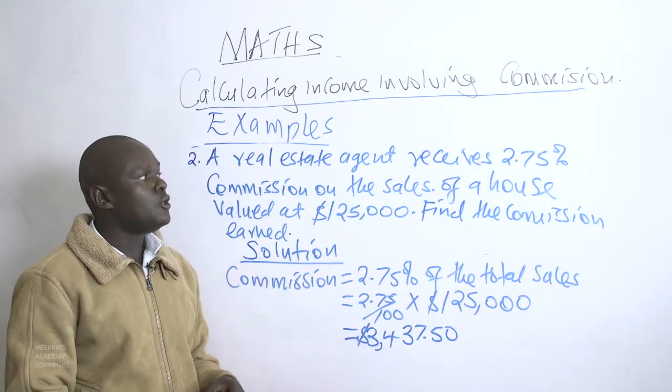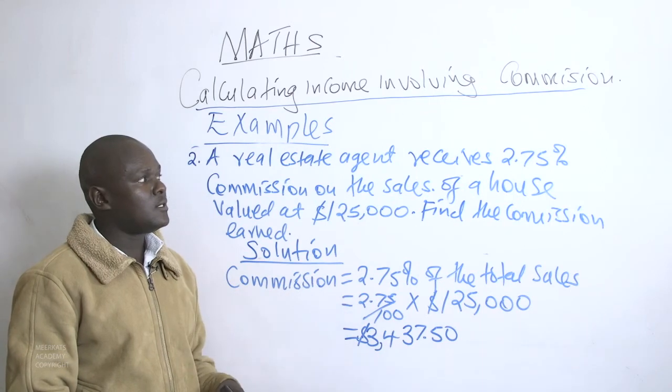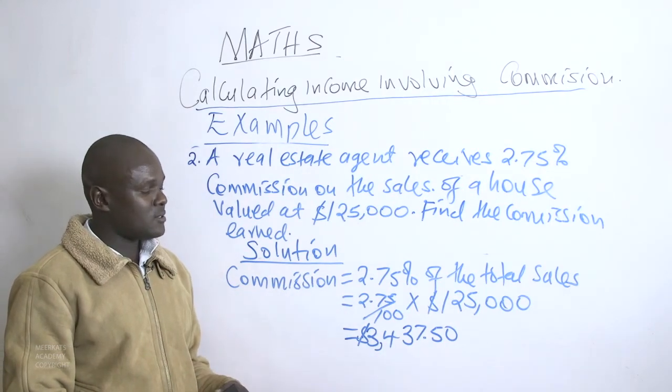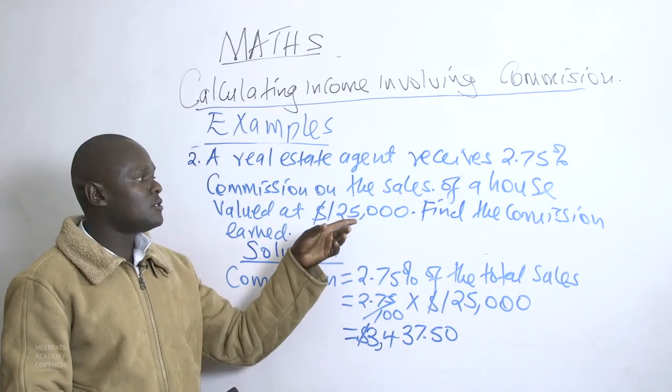This is the commission to the real estate agent. This is what the real estate agent will make after selling this particular house at $125,000.